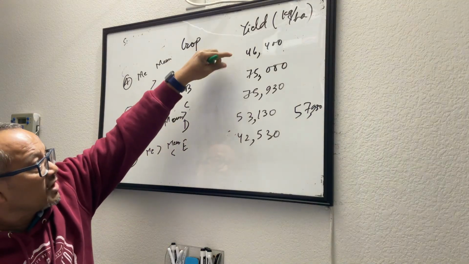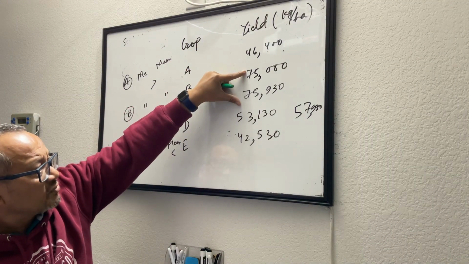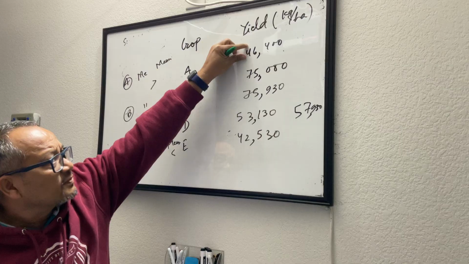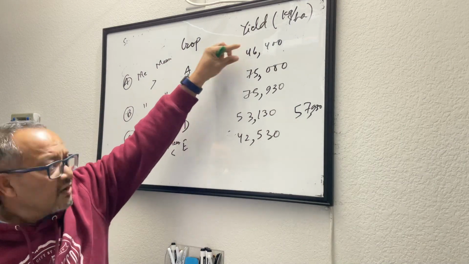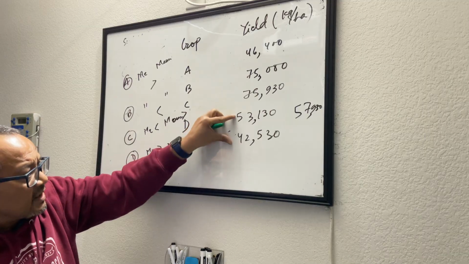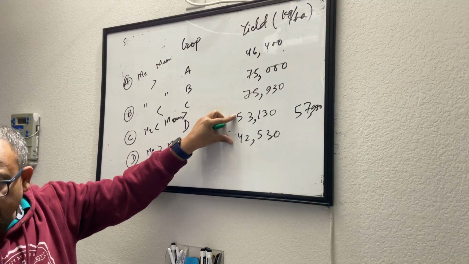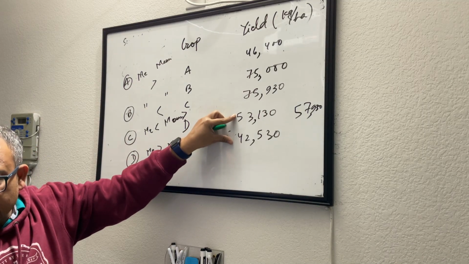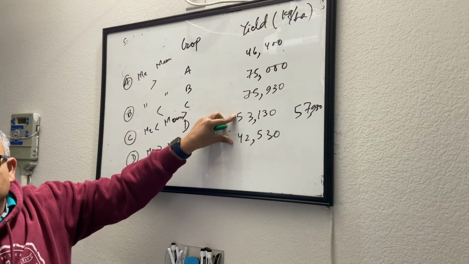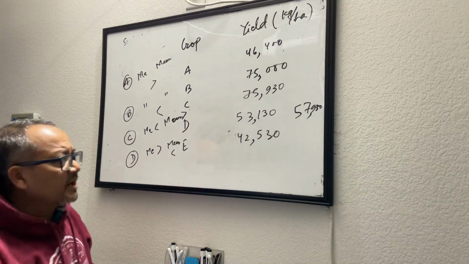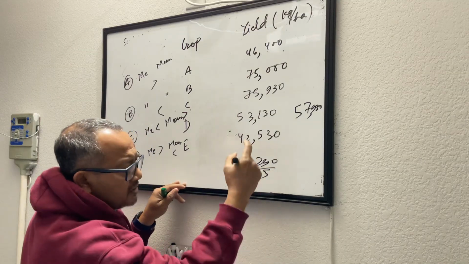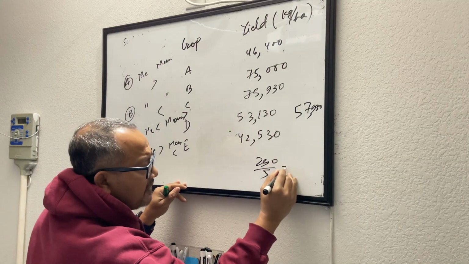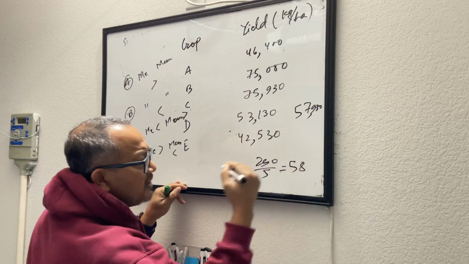If I add them together, this is 150,000, 151,000 plus 46. 51 plus 46, 197 approximately. 196, and then this is adding up to close to 195, almost 290,000 by 5. 290 by 5, if I do, that gives me 58,000.